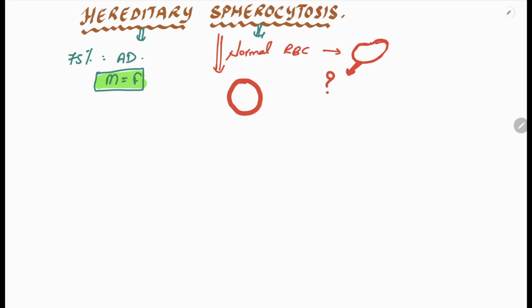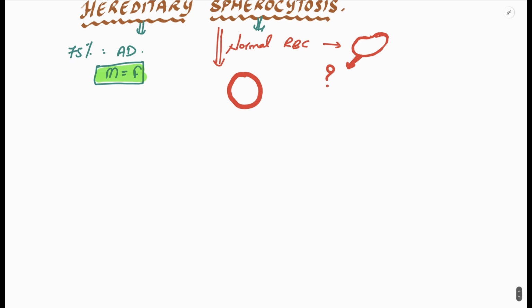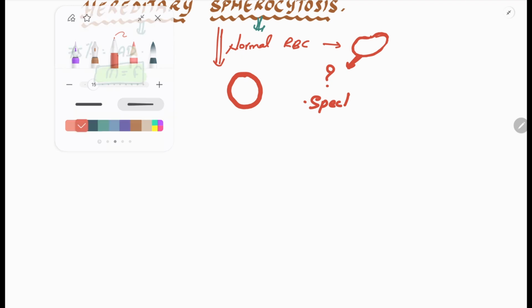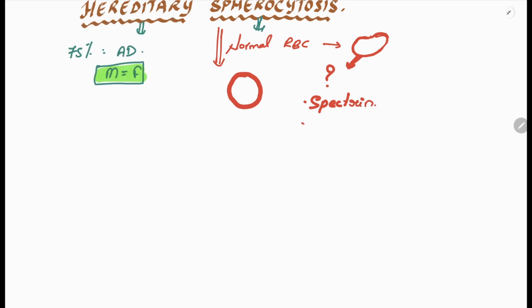What are the proteins or genes that help maintain this shape? The major ones are spectrin and some other proteins. These are useful for maintaining the biconcave shape of the RBC.